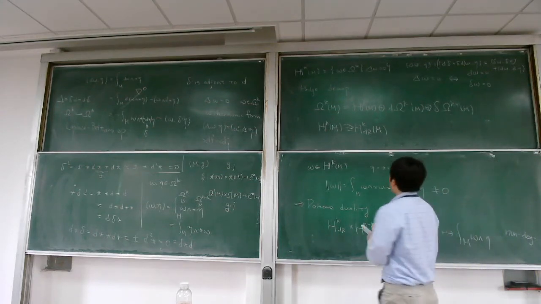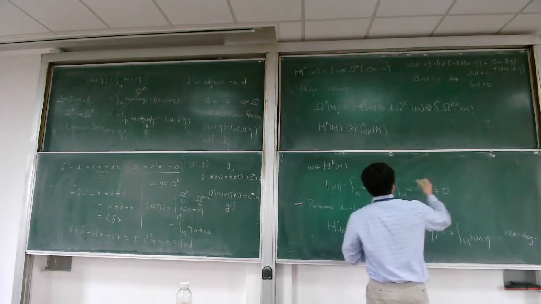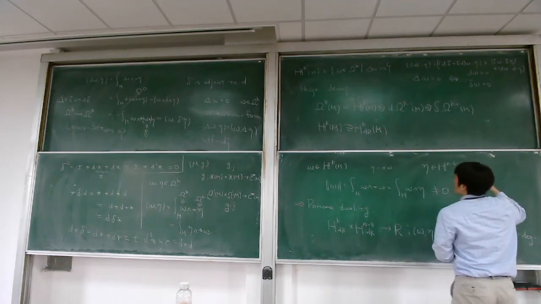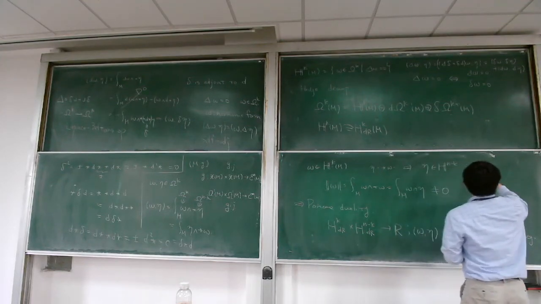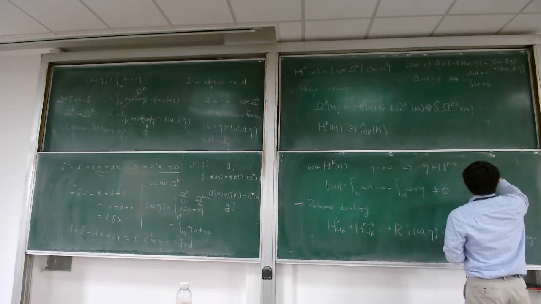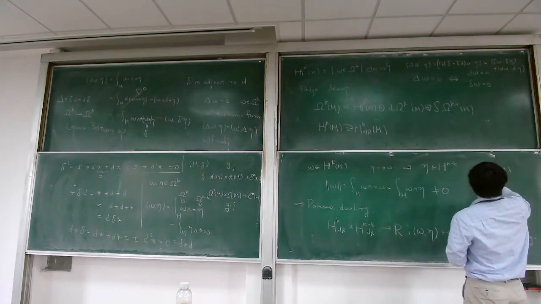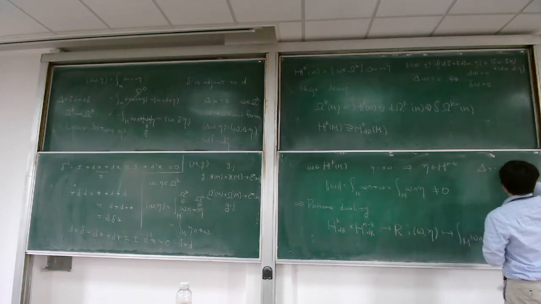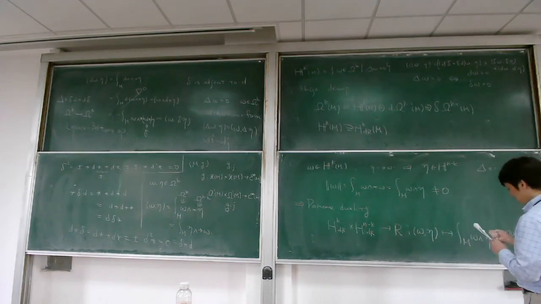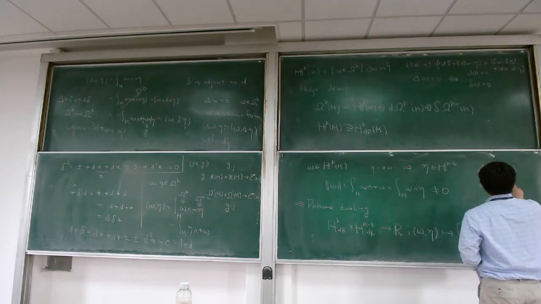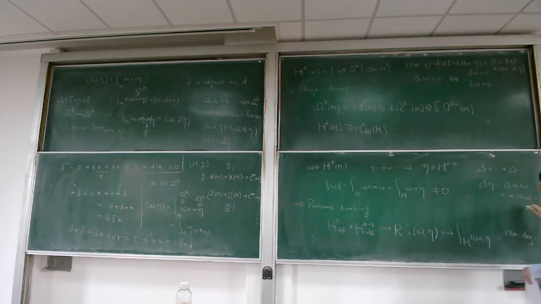So in other words, eta is also in H^(n-k), because, since delta star is equal to star delta. Oh, sorry, I think the other one. So once you apply delta, delta eta is equal to delta star omega, which is star delta omega, which is 0. So now assume omega is a harmonic form.